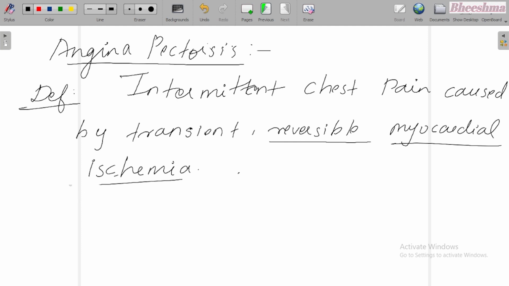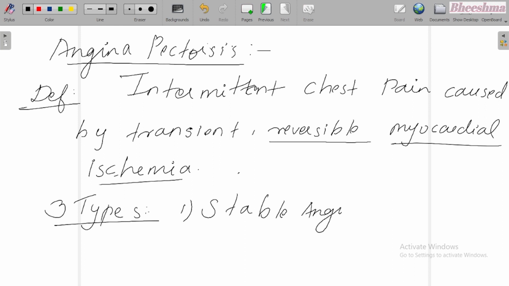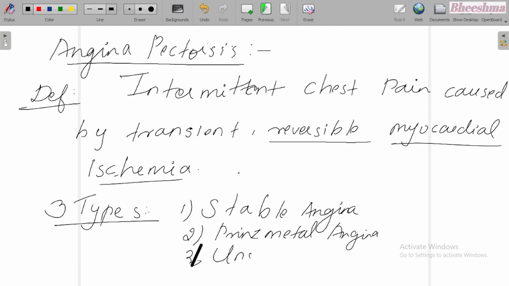There are three types of angina pectoris. The first one is stable angina, the next one is Prinzmetal angina, and the third one is unstable angina.